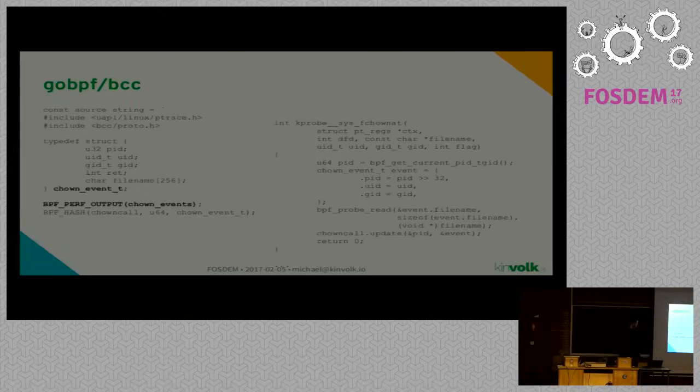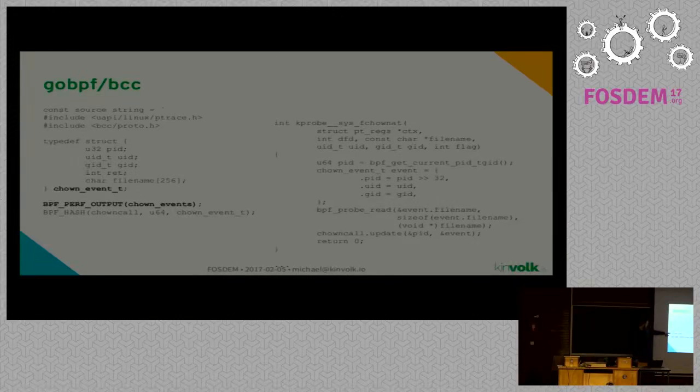So I will show you a bit of source code. This is a snippet from the example tool in the gobpf repository, and as you can see here, we just define a source variable and put our C code in there. Two important things here.